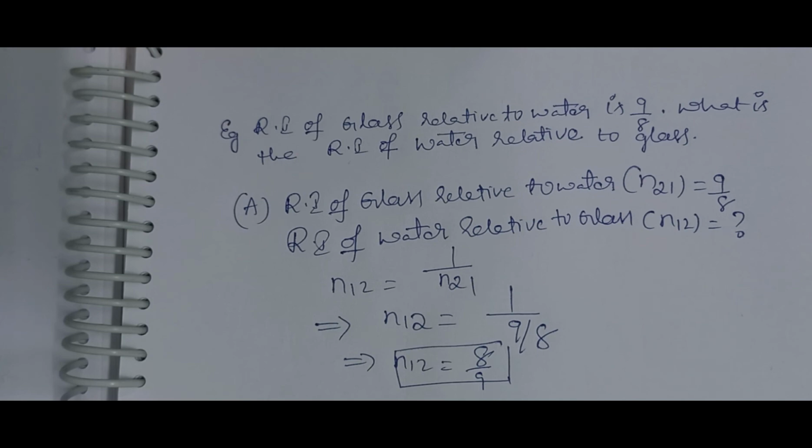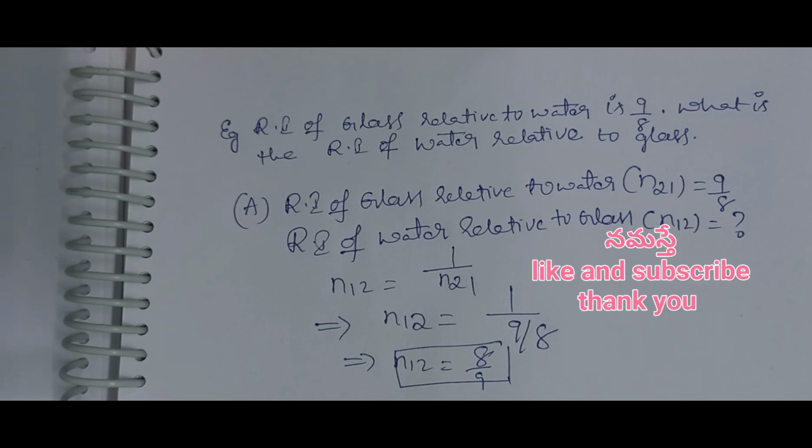So n21 is equal to n2 by n1, n12 is equal to n1 by n2. But we can also calculate the relative refractive index by using speeds of light. So n21 is equal to v1 by v2, n12 is equal to v2 by v1, because speed of light and refractive index are inversely proportional.